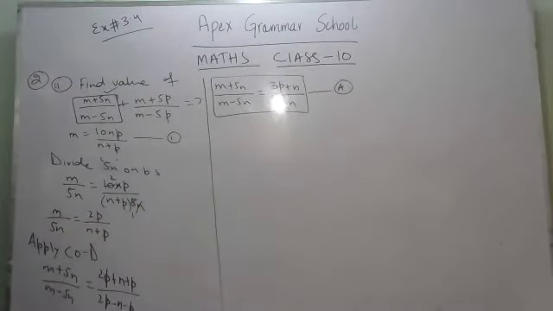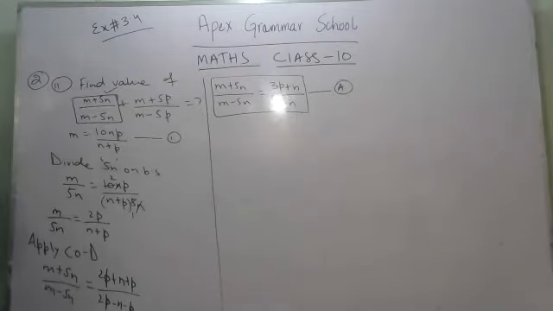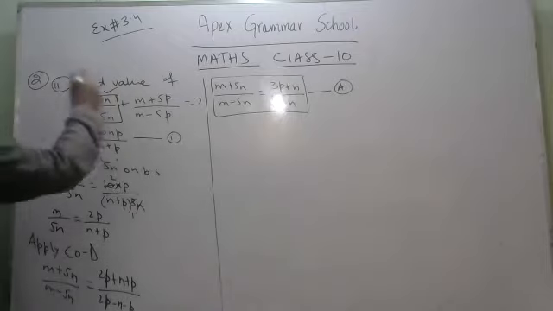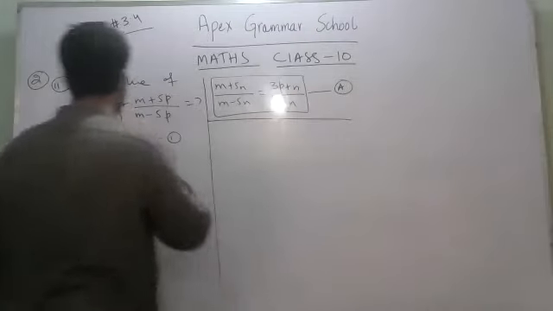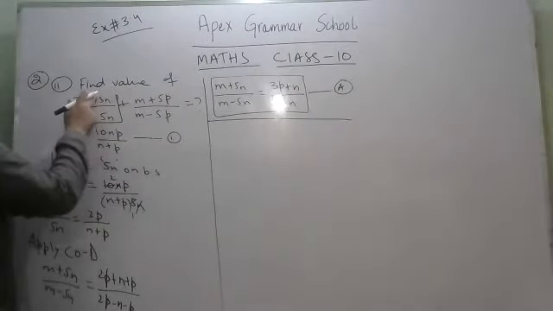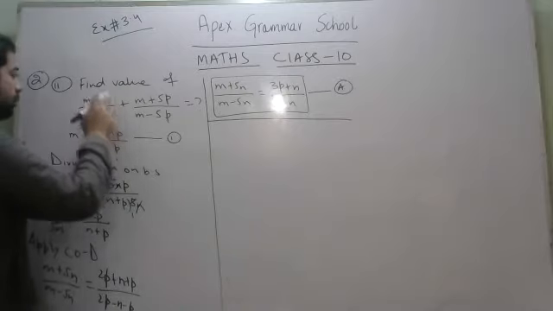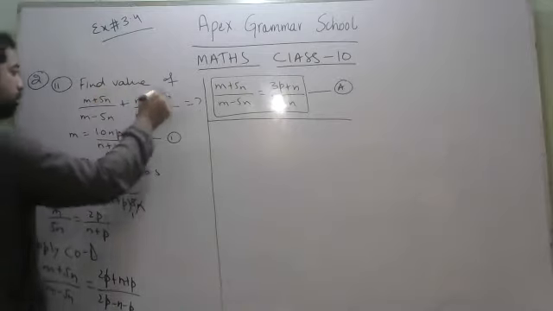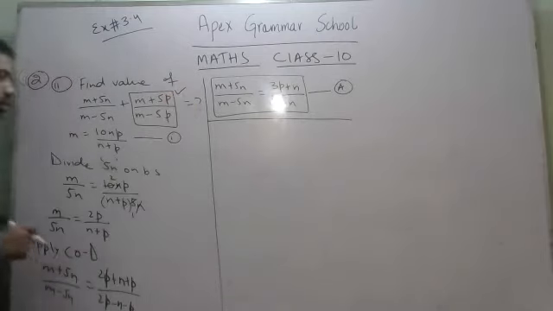We are done with this value, which was our requirement, m plus 5n over m minus 5n. So now our next requirement is m plus 5p over n minus 5p.